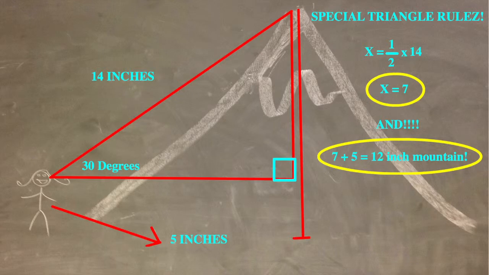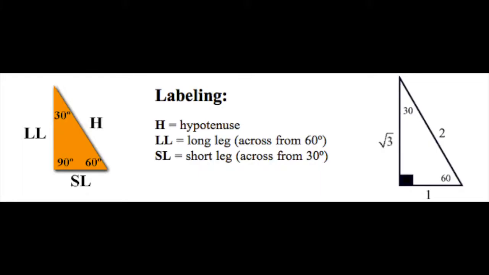Now, if we know that your stick figure is about 5 inches tall, and the hypotenuse is about 14 inches, and your stick figure is looking up at 30 degrees, we can go ahead and calculate it. But one of the important things about math is you never want to take more time than you have to. It's very good to save your time and conserve it for where you need it. So, we can use one of our special triangle rules.